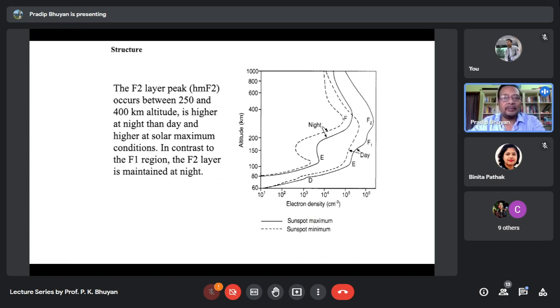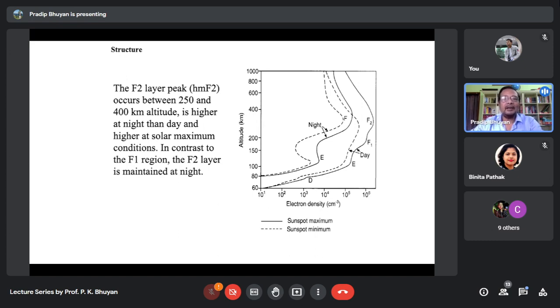You see the F2 layer peak, this one. It is about 300 or 350 kilometers, between 250 and 400 kilometers. Of course, this varies from location to location, from latitude to latitude. In low latitudes, the F maximum height is more compared to mid latitudes or even high latitudes. In high latitudes, the height is much less.